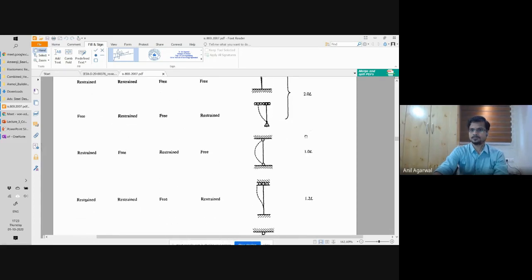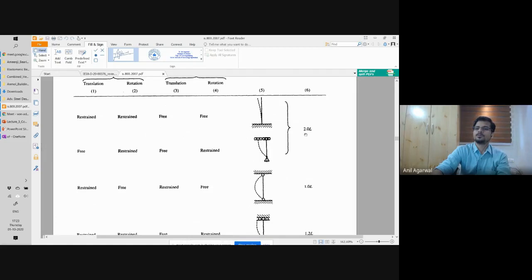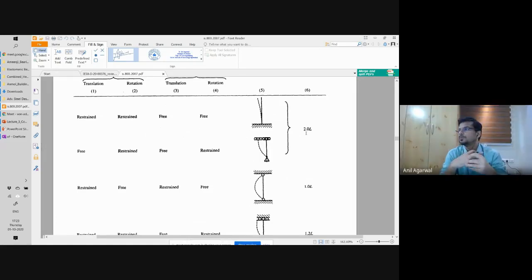Agreed? So basically, the K values for braced frames are 1 or less than 1, and K values, effective length factor values, for sway frames are 1 or more than 1. And how big can they be? They can be more than 2.